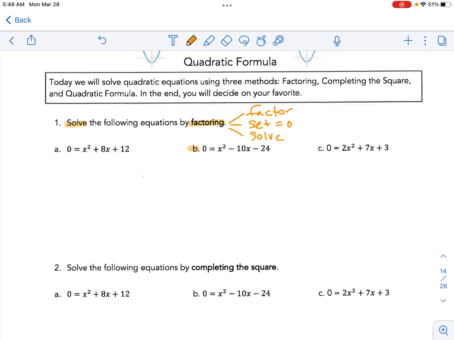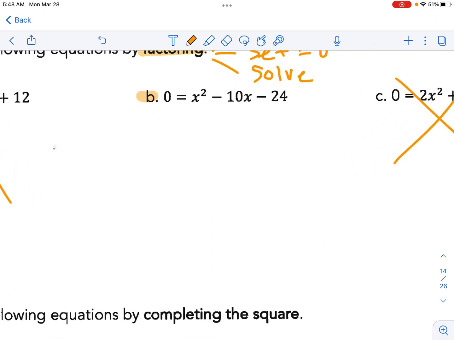Okay, if you're tuning back in, I'm assuming you've attempted question B, just B. We're going to skip these two. They're done the same. So we have this quadratic, and I'm just going to do a quick star here. The top is a times c, which is 1 times negative 24, so that's negative 24.